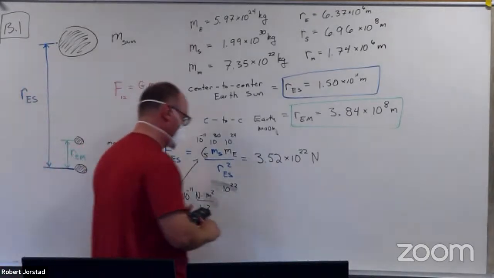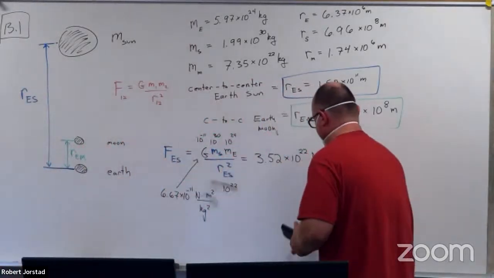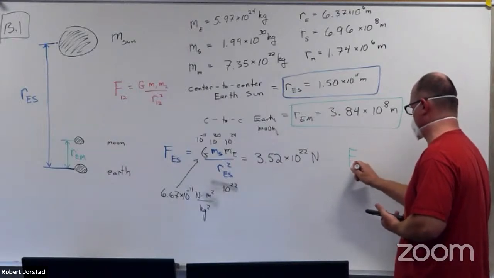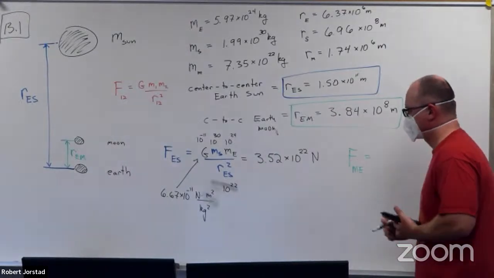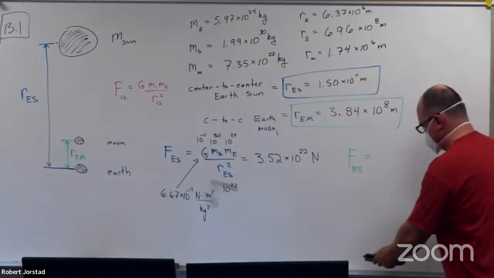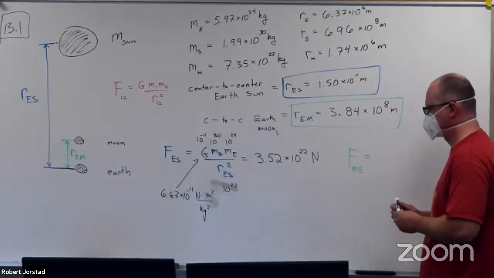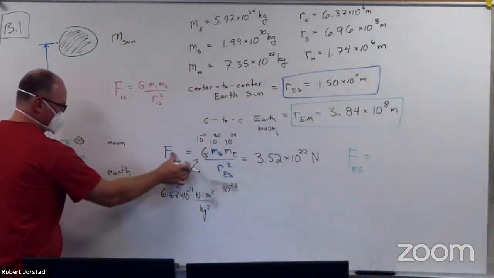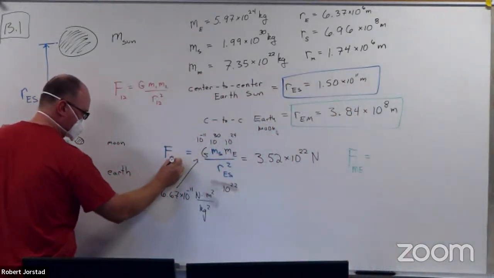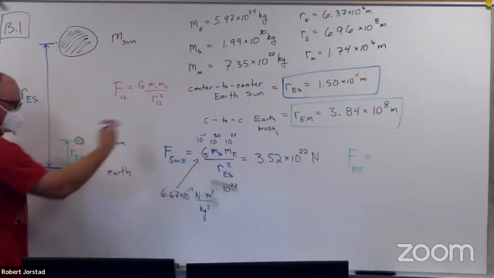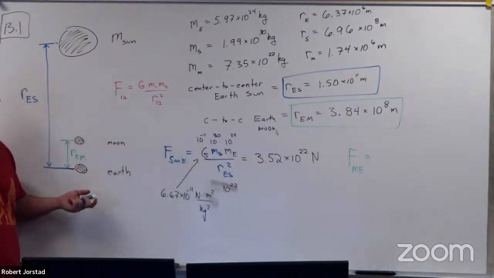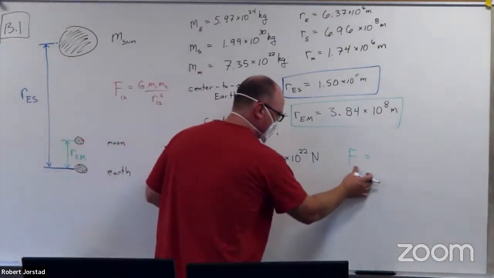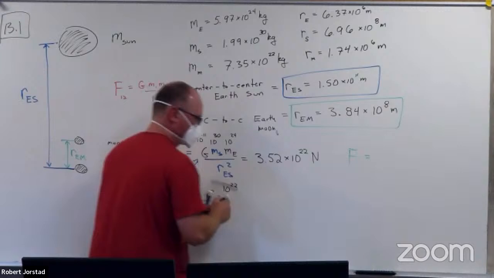Let's get the force of the moon on the Earth. I want to get the force of the sun on the Earth, so I'm going to change this. Sun on Earth. Do you agree that doesn't change the magnitude because everything's the same? Okay, just trying to be consistent with what we were saying earlier.